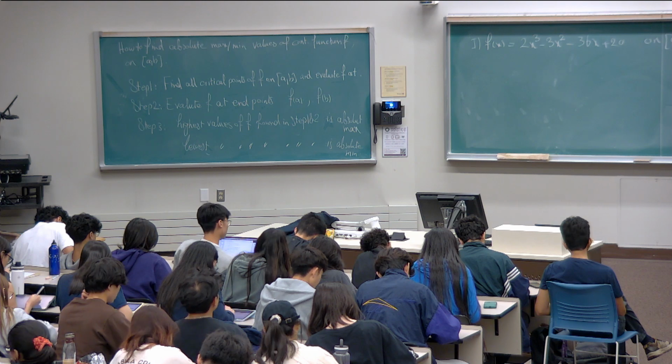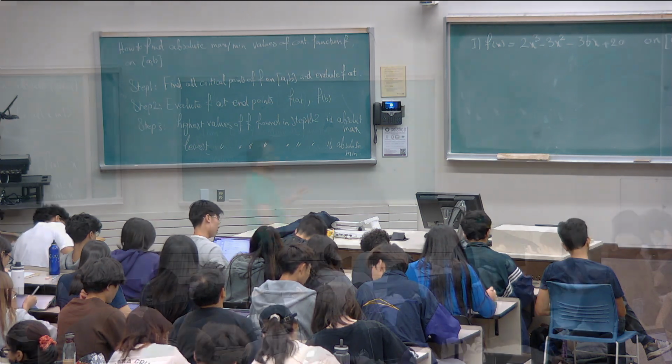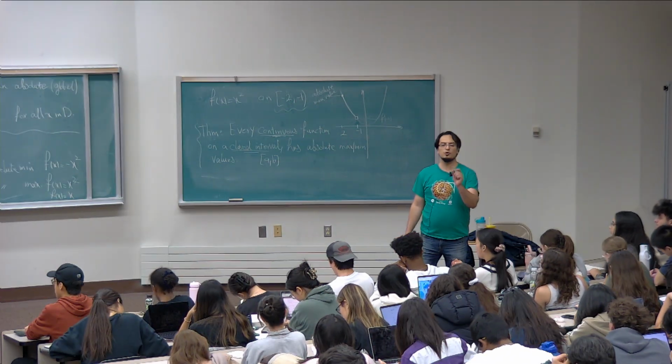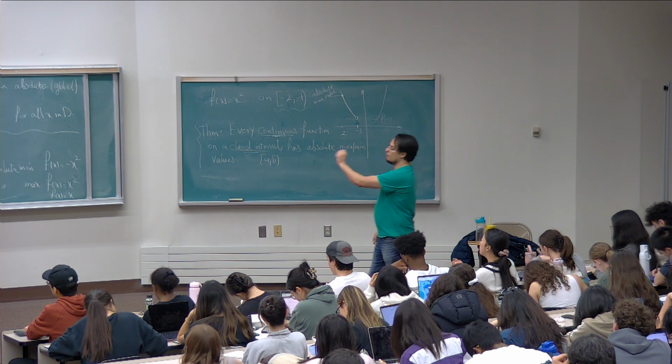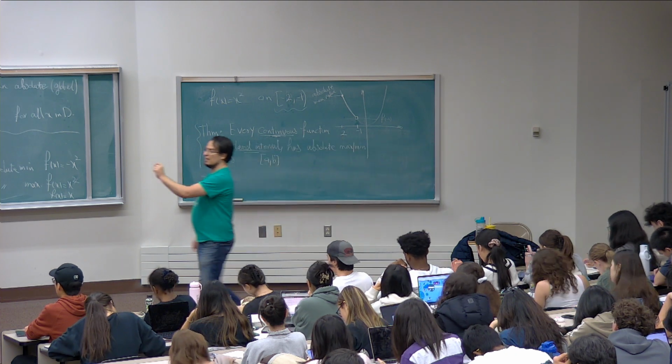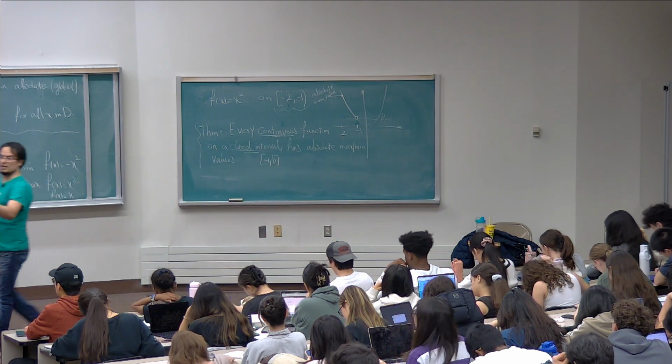I'll give you 1 minute, and my hope is that in that 1 minute, you will be able to find the critical points of this function and at least evaluate the function at those critical points.